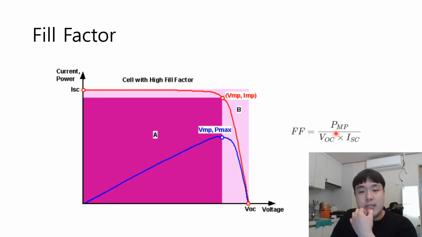And the best fill factor is similar to this calculated number, and this calculated number is similar to the whole calculation. So that means the B area divided by the A area. So the silicon solar cell presentation, the last topic is here, and thank you for listening to my presentation.